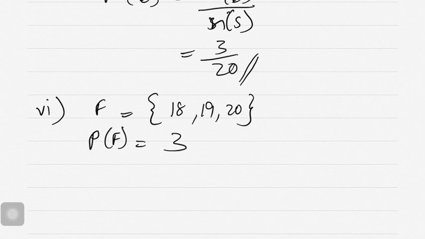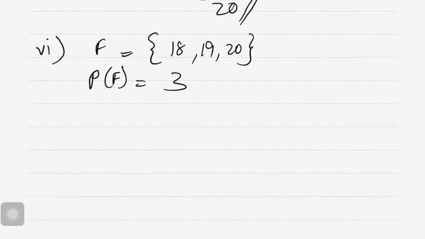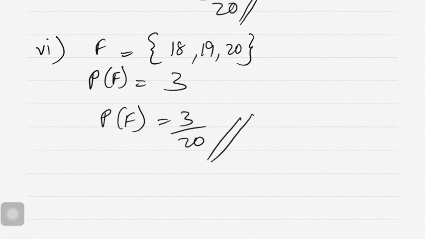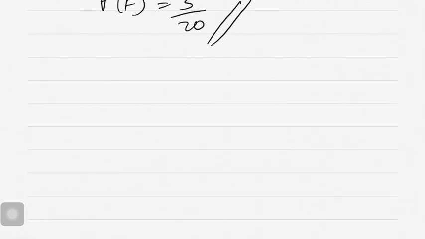So N of F would be 3. So my P of F will be 3 by 20. Correct?